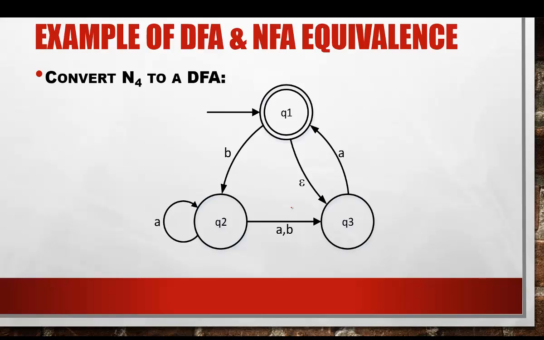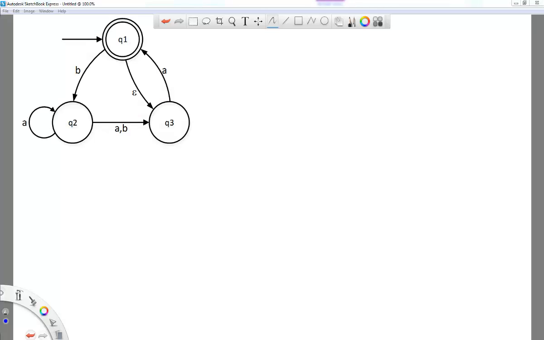So let's go ahead and start working on this conversion. Okay, so my NFA, N sub 4 I called it, is a 5-tuple, and its Q is q sub 1, q sub 2, and q sub 3. In fact, let's simplify this. Let's just call these 1, 2, and 3, because it's going to be just a lot of letters there.